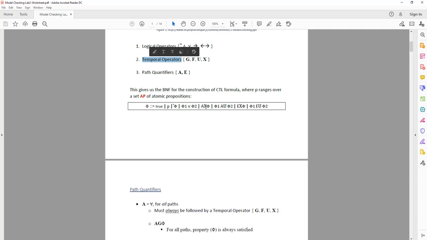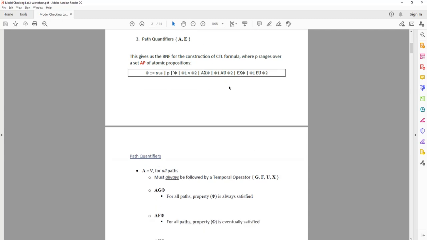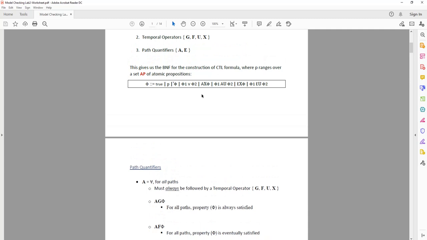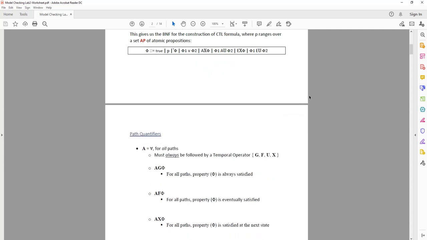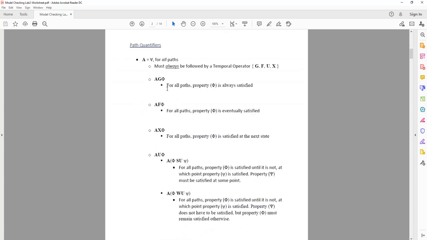So if you have two temporal operators, you have to have two path quantifiers. For example, if you want to say for all paths next, and there exists a path always, you have to write AXEG. You can't do AXG. That's just a core thing of CTL.